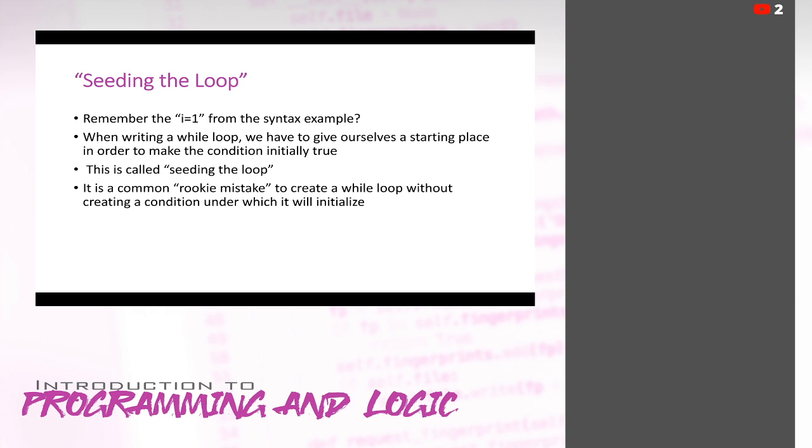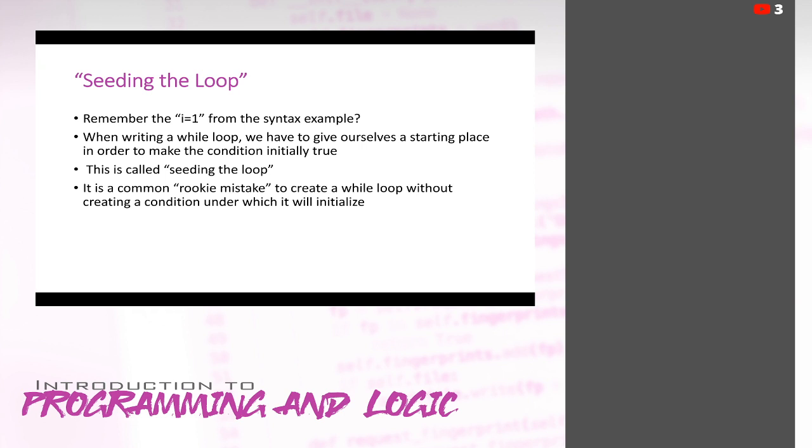Because if you don't have a place where this while loop will run, then essentially your entire while loop is just dead code, and you're kind of out of luck on being able to take advantage of the things that your while loop has to offer you. So it's less than ideal.